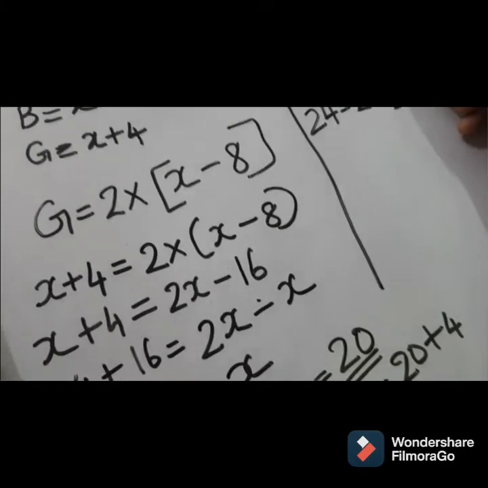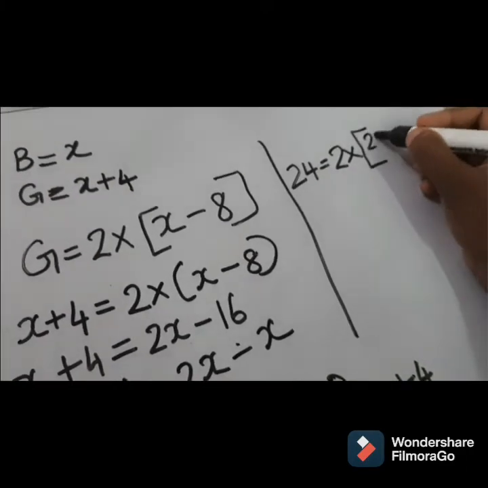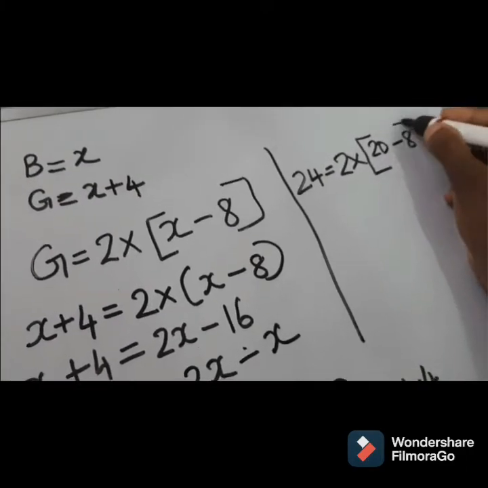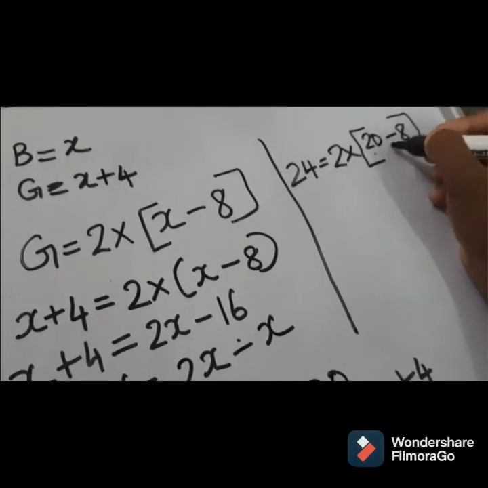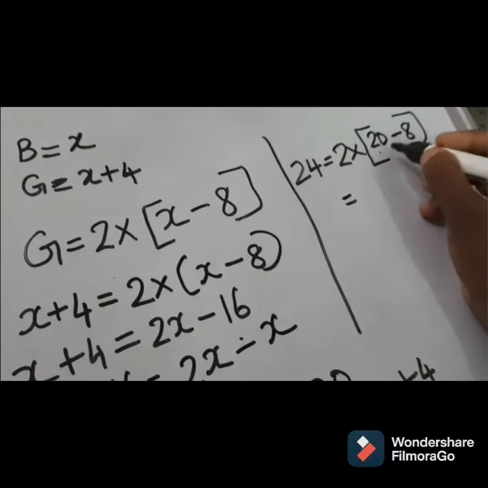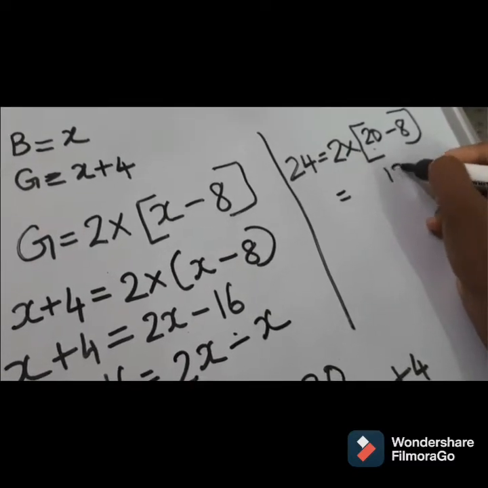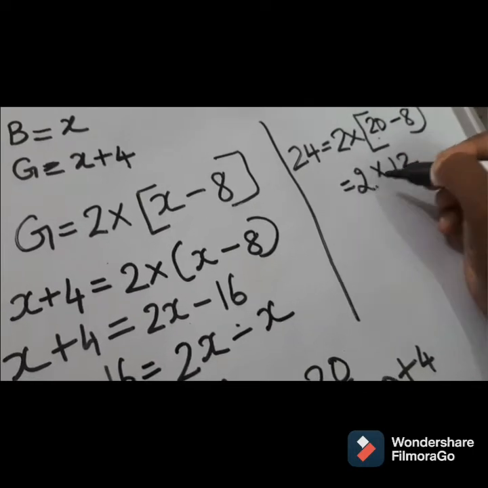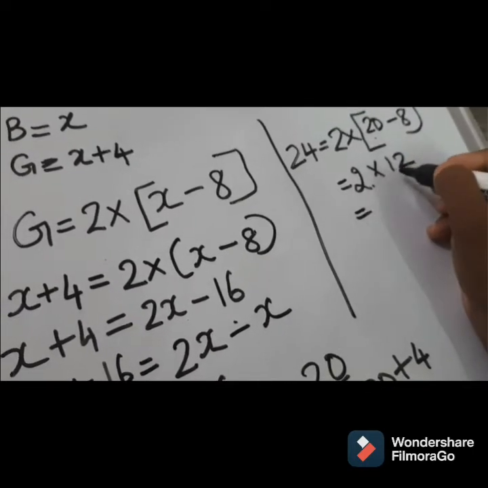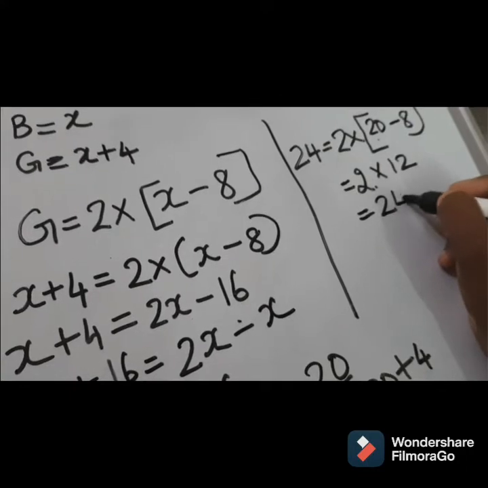Boys how many? 20. 20 minus 8, how much? 20 boys are there, 8 are absent. So 20 minus 8. That day, how many are present? 12 are present. Then twice means 2 times, that is 2 into 12, you will get 24.